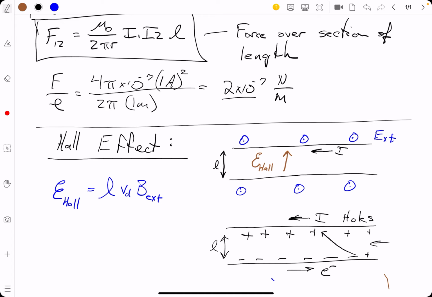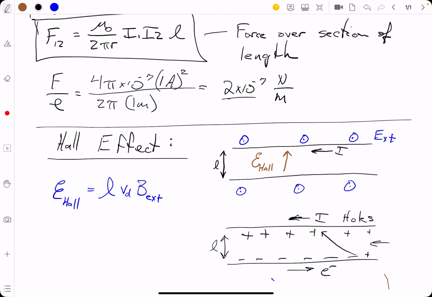What's my next trick? The magnetic force on a conductor with a current flowing through it. F = ILB.